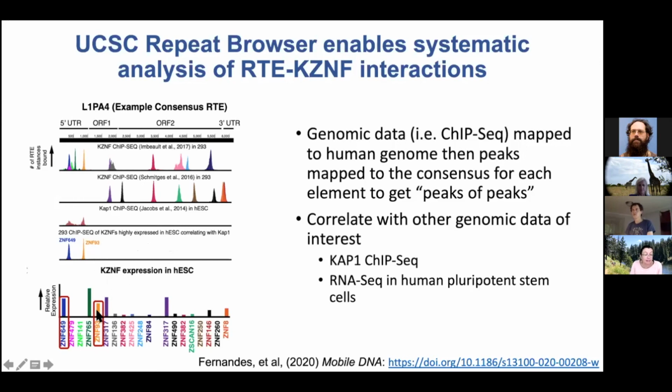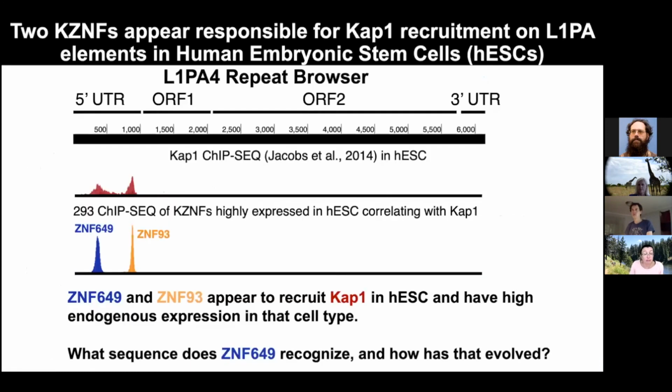And we can see that, in fact, ZNF649 and ZNF93 are two highly expressed KRAB zinc finger proteins in this important cell type. So basically, we feel that these two proteins are the major KRAB zinc fingers important for CAP1 recruitment to repress L1PA elements.